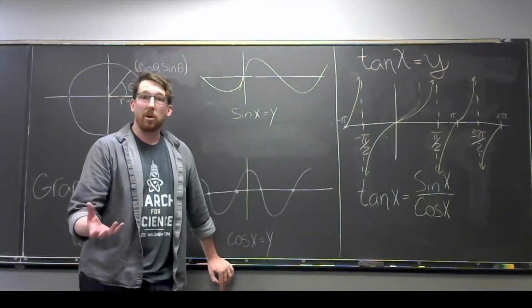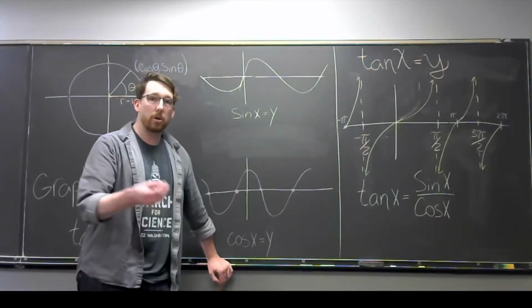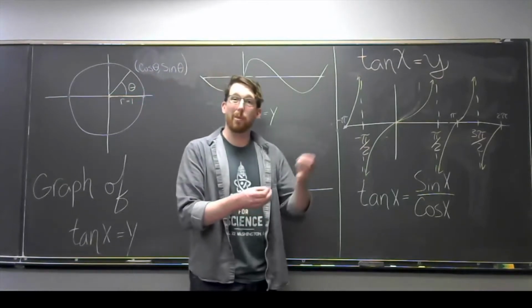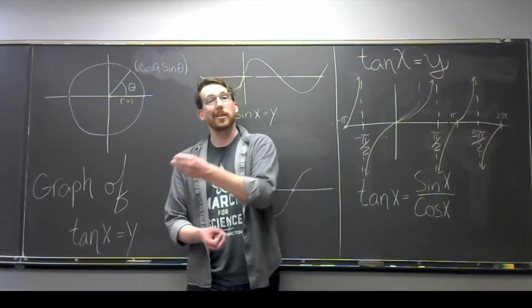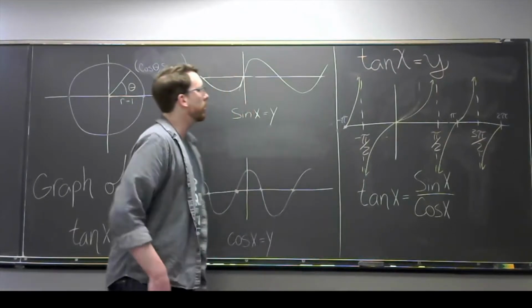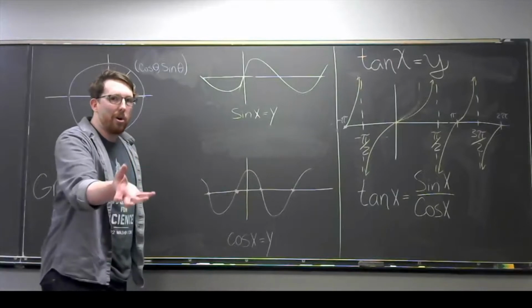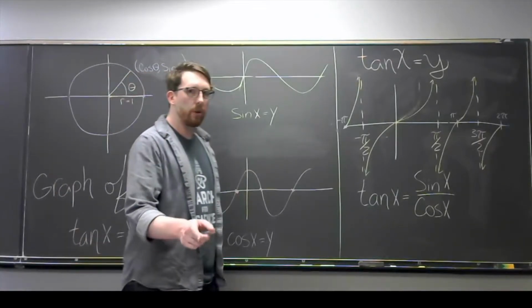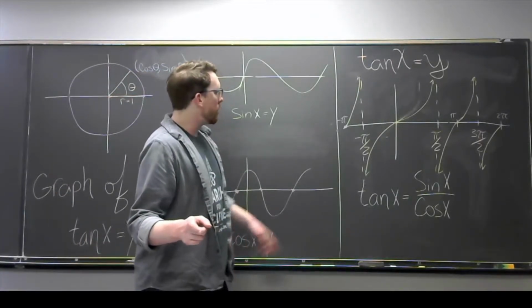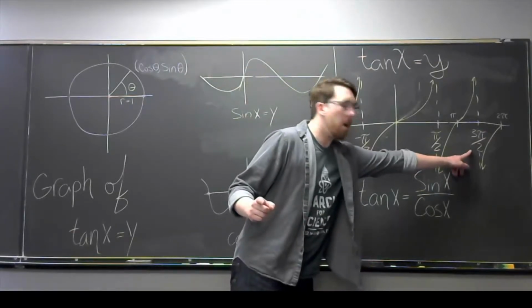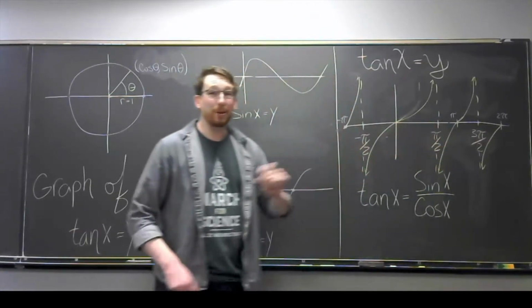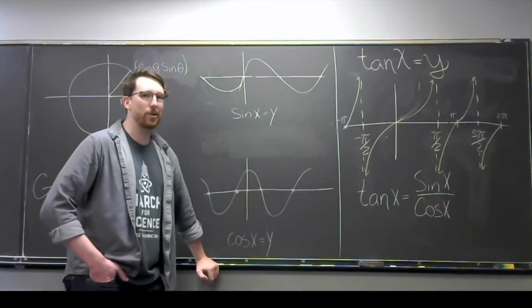These things, again, are called asymptotes. Asymptotes are lines that your function will approach, but never actually touch. So, what causes them? Our first clue is in observing that these occur at odd multiples of pi over 2.